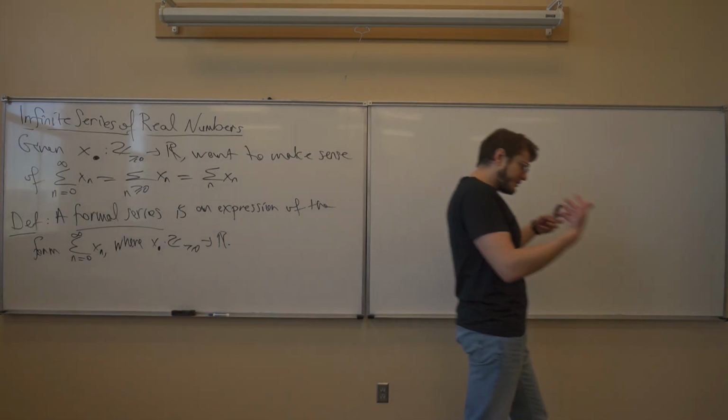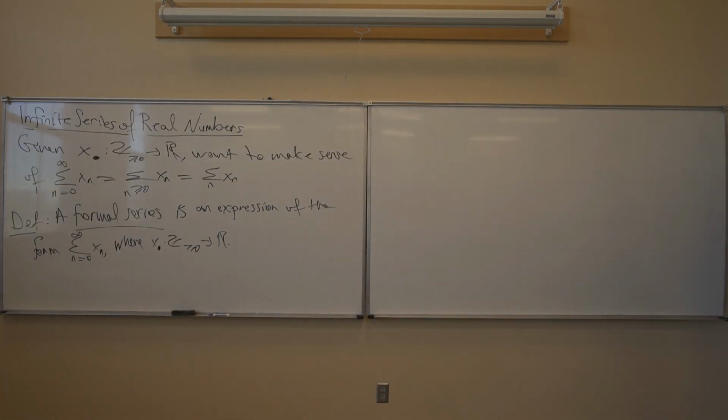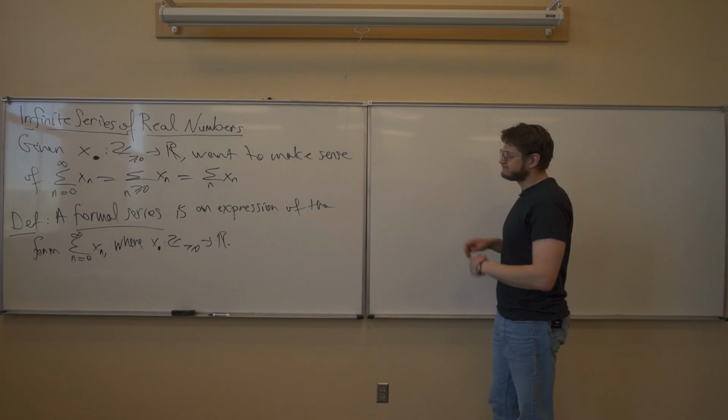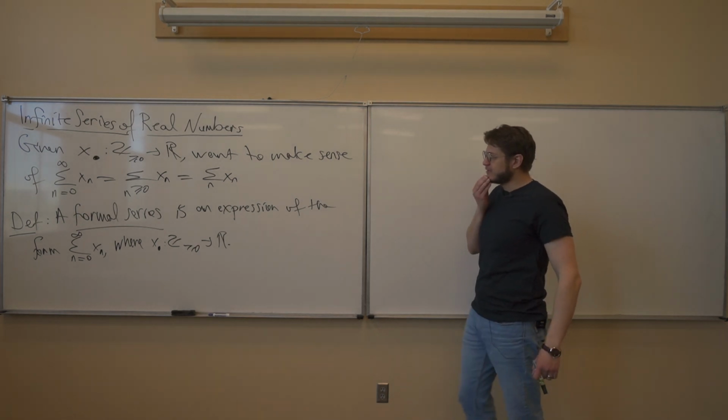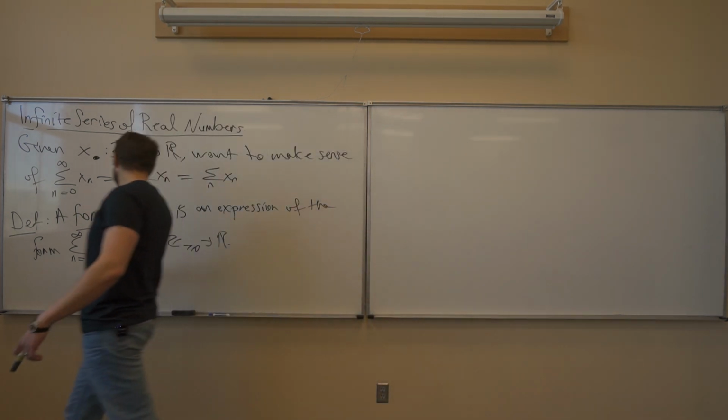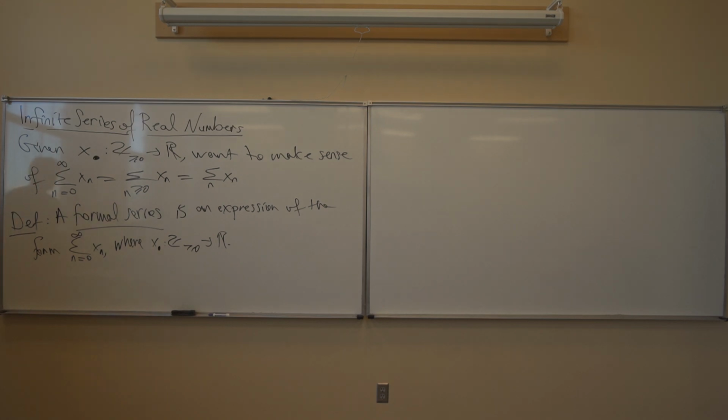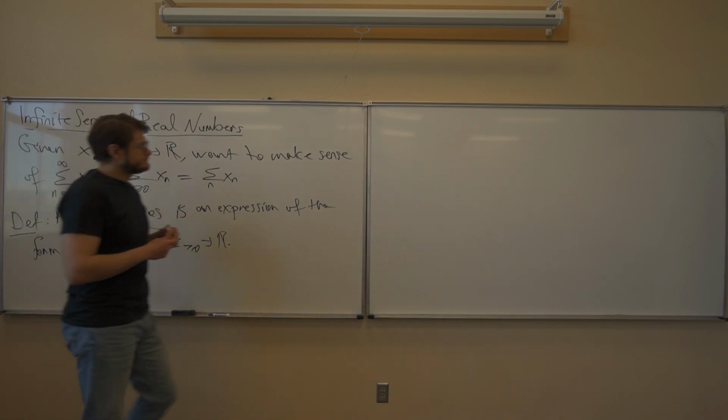But then if you want to actually think of it as a number, as a meaningful object, well, you look at, instead of the sequence itself, you look at the sequence of antiderivatives, so to speak. In other words, the sequence of partial sums.